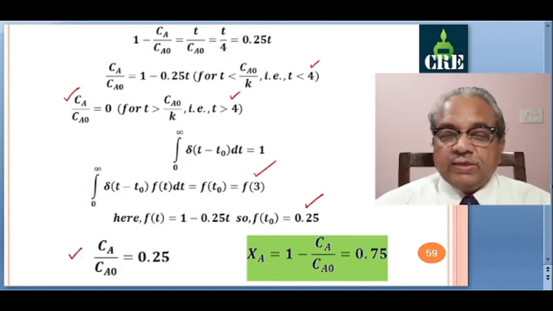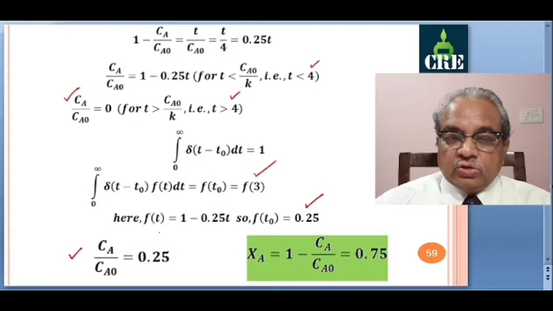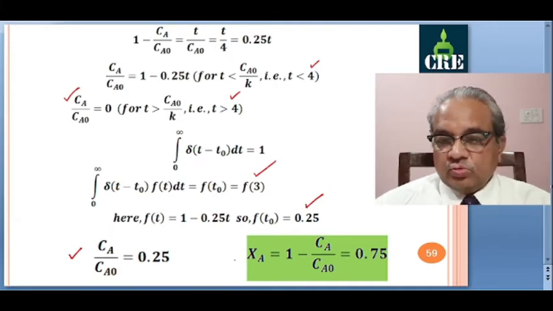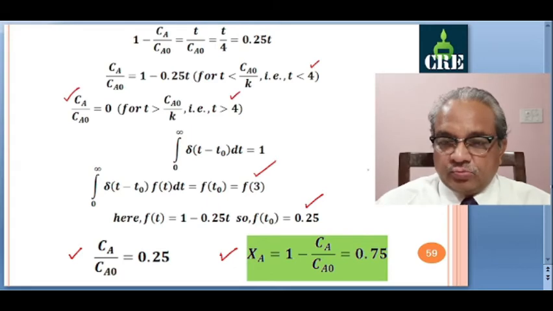So we get Xa as 1 minus Ca by Ca0. You can write it as Ca bar by Ca0, same thing. So 0.75.